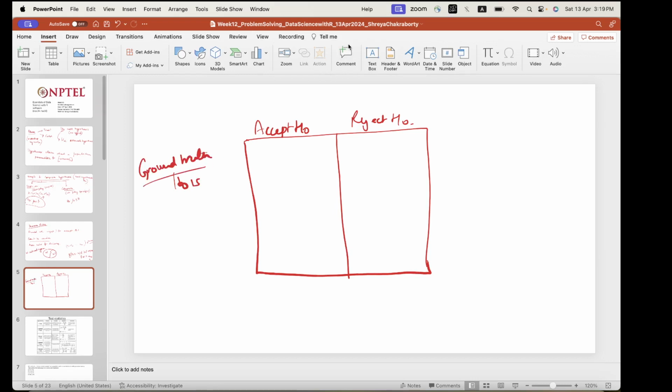This is our decision. Ground truth is H naught is true versus H naught is false. So if H naught is true and we accept, then we are landing at a correct decision.